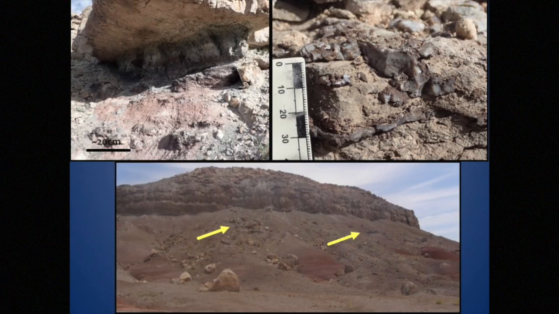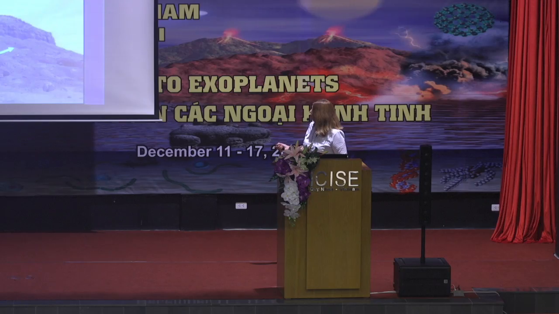This is a silcrete, or a silica-rich lens, directly under the carbonate. Here are some silica infilling of fractures, and then this is what that looks like in outcrop. Here's the massive carbonate, here's the mudrock down here, and then these silica-rich lenses are present within the mudrock.